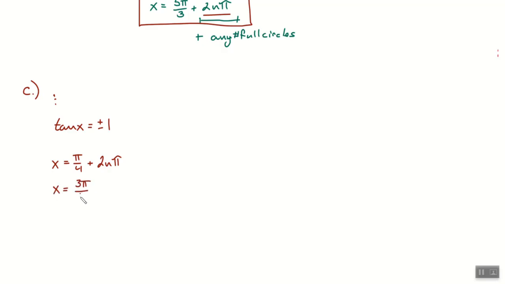It's going to happen at 3 pi fourths. And you know what? I'm just going to do this. Plus 2n pi. I need the plus, I suppose. I don't know if it's efficient anymore when I have to start doing stuff. Anyway, it happens at x equals 5 pi fourths plus any full circle. And it happens at 7 pi fourths.